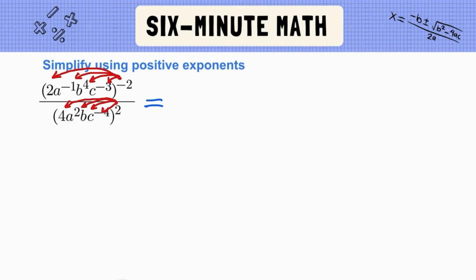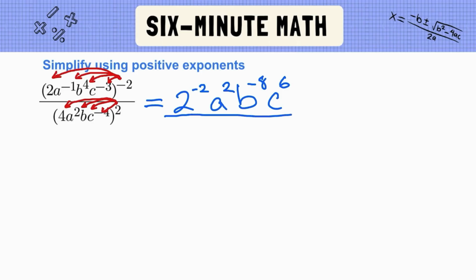2 to the power of negative 2, I'm actually going to write that as 2 to the negative 2 to start. Negative 1 times negative 2 is going to be a squared. 4 times negative 2 is going to be b to the negative 8. And negative 3 times negative 2 is going to be c to the 6.